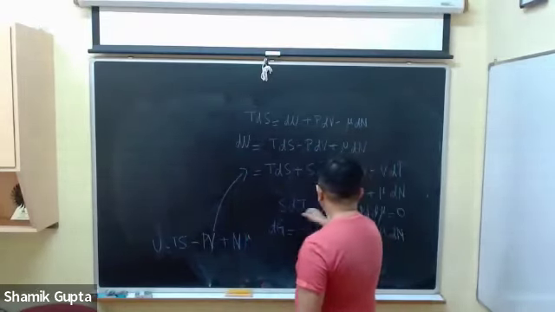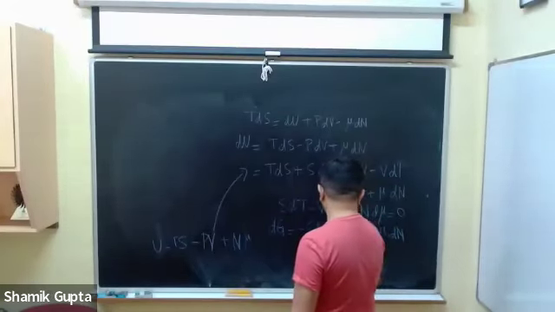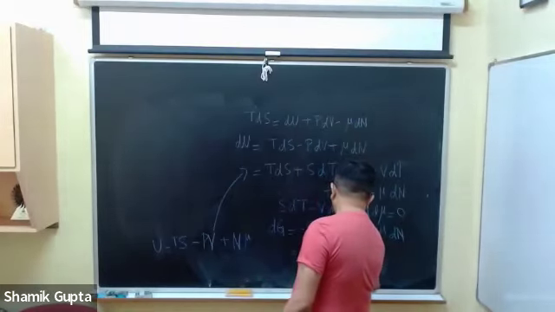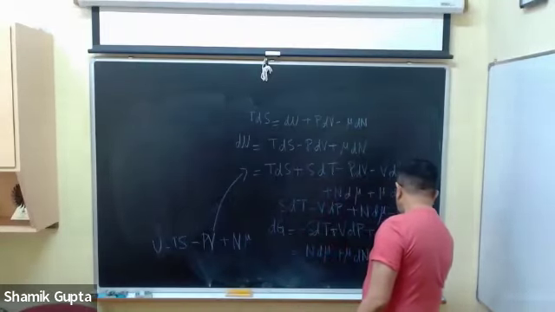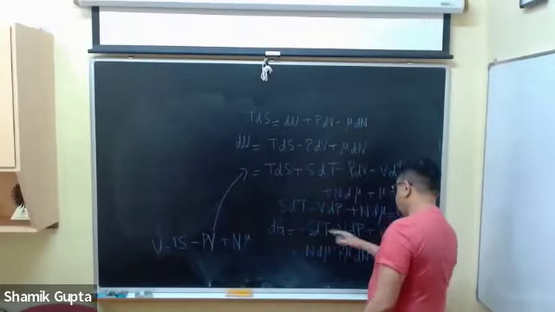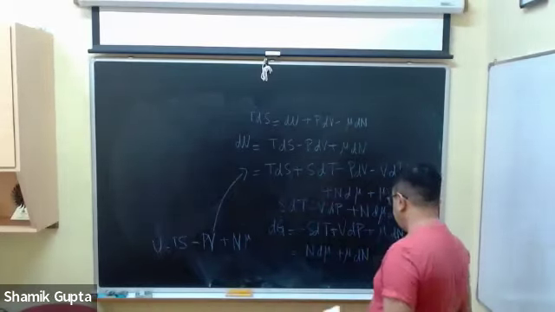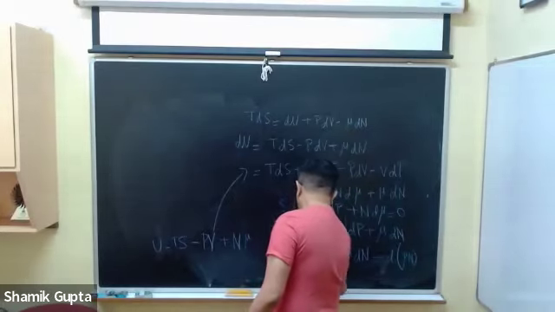But I can use this expression to write S dT minus V dP is minus N d mu. So this is equal to N d mu plus mu dN. That is to say dG is nothing but d(mu N), which implies G is equal to mu N.